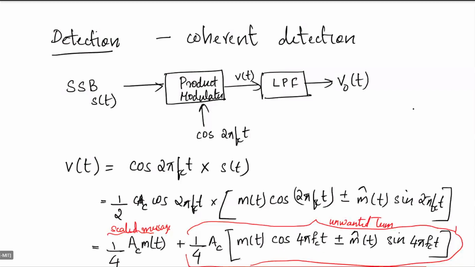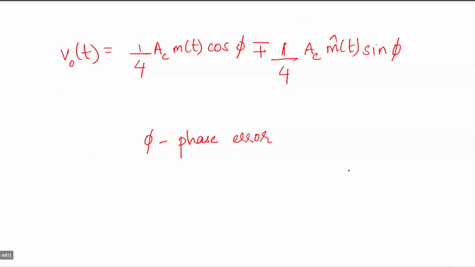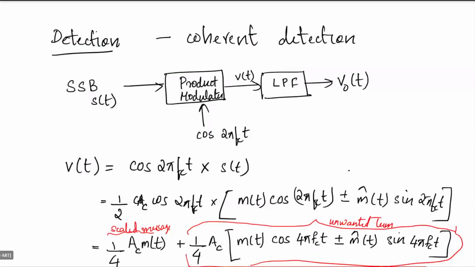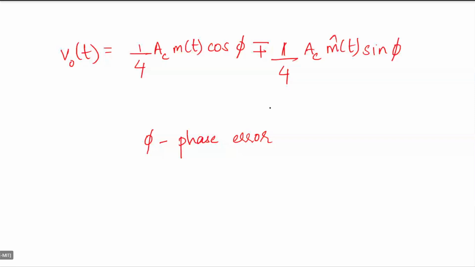Detection is basically coherent detection. You have a product modulator and a low pass filter. Expanding the mathematical expression, you will have one scaled message term and an unwanted term. Removing the unwanted term using the low pass filter, you get v0 of t.